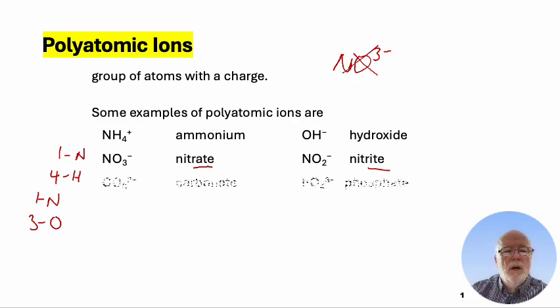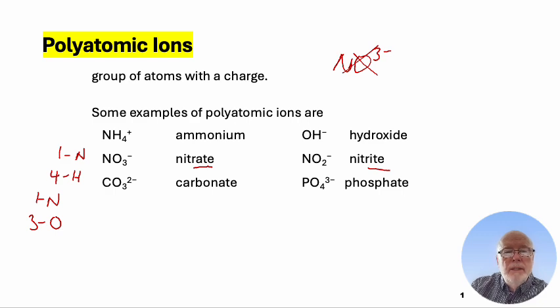So here's another very common one, and that's carbonate. And then we'll see another one, and that's phosphate. So when you look at these formulas, for carbonate, 1 carbon, 3 oxygens, and the charge is 2 negative. Phosphate, 1 phosphorus, 4 oxygens, charge is -3. And very common. Notice how this one ends in ATE, these two, and this one.